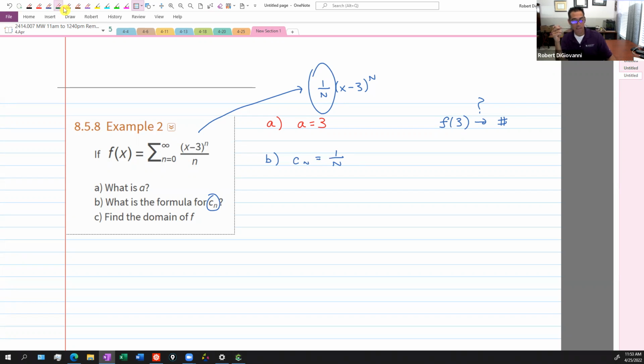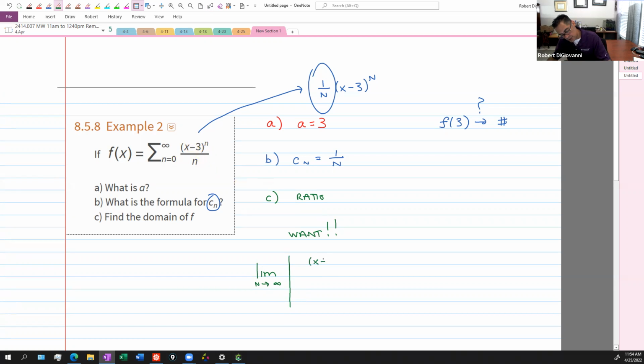Okay, part C, I'm going to use the ratio test. And what we want is the limit as n goes to infinity of the absolute value. I'm going to take the formula and replace all n's with n plus 1.